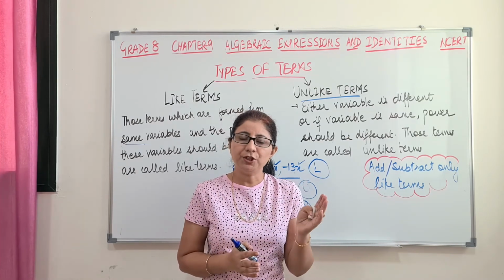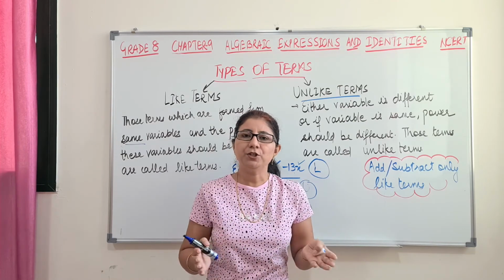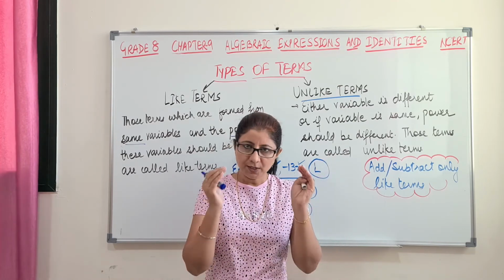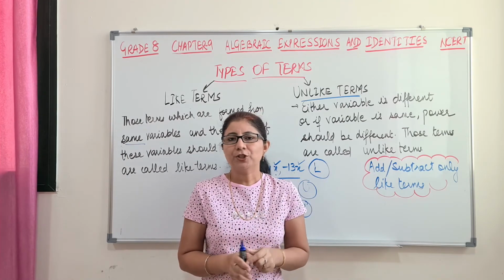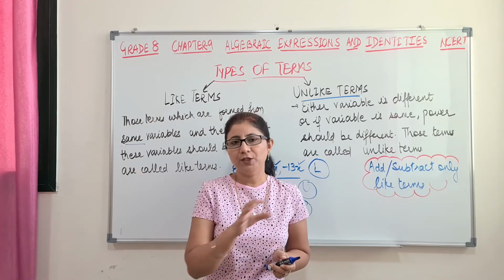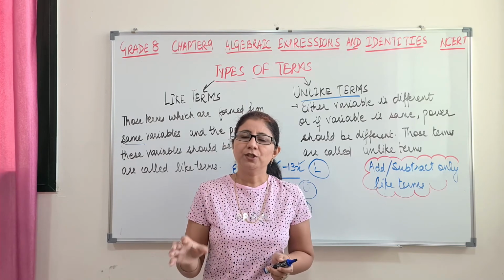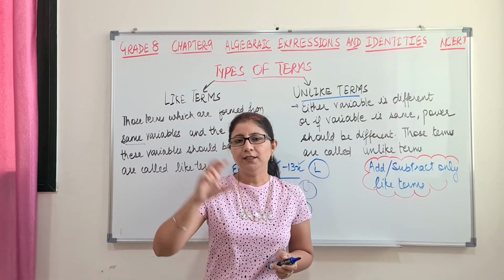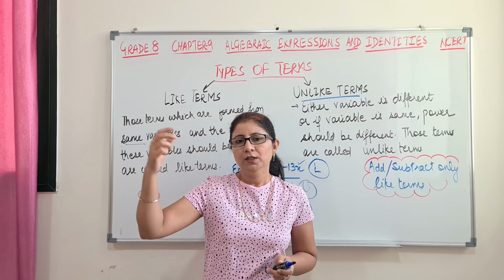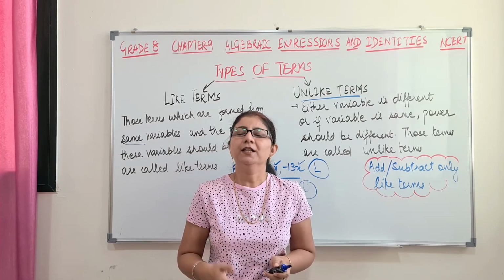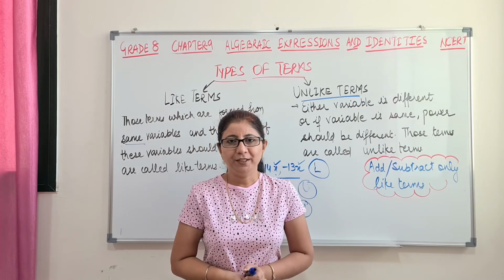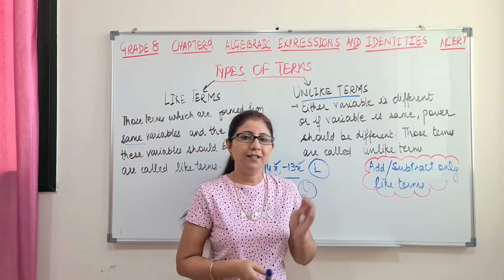So during addition we will first differentiate the different like terms, combine them together and then add them. But in subtraction we will write our first expression, then write our second expression. Make sure that you are writing like terms below the same terms, and then we will change the sign and then subtract. This I will explain when I am doing examples of these like and unlike terms.